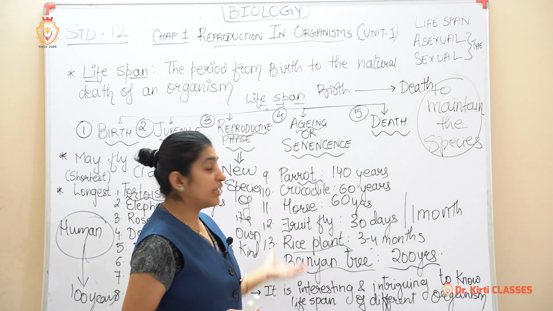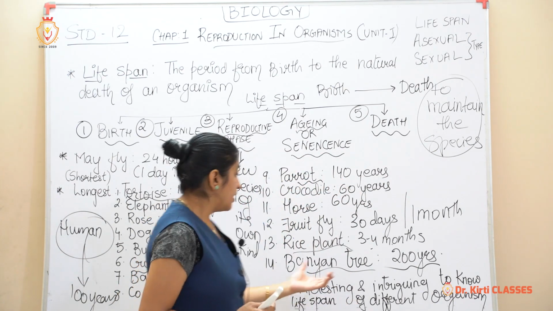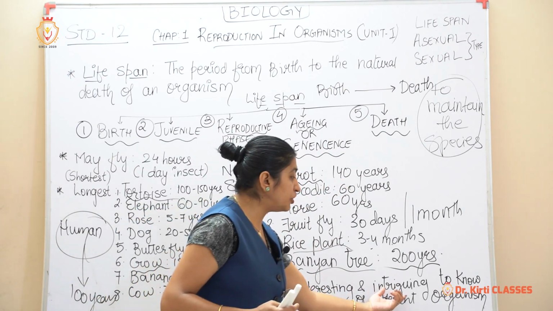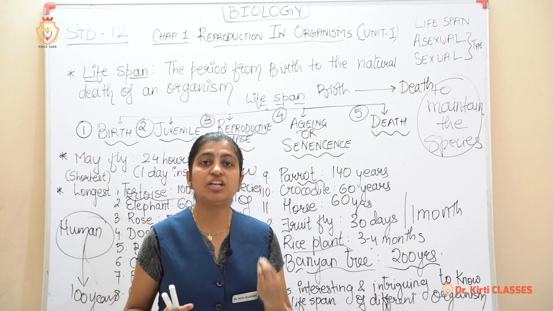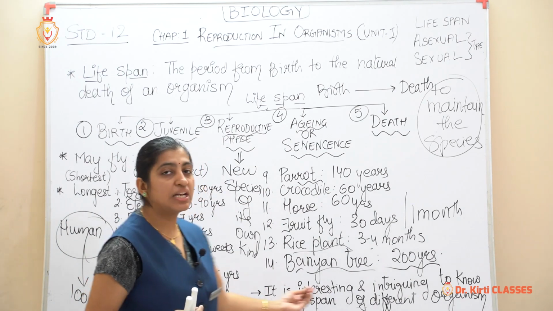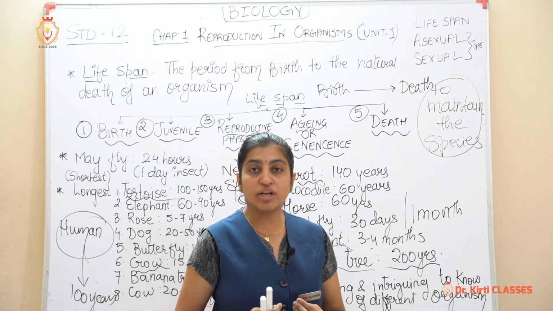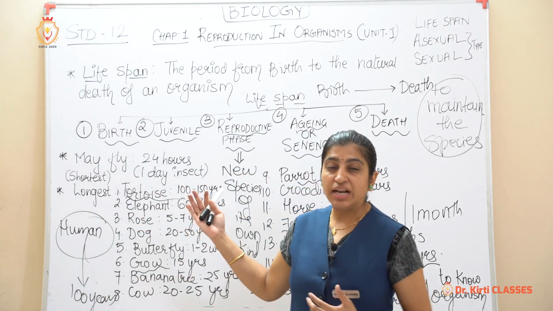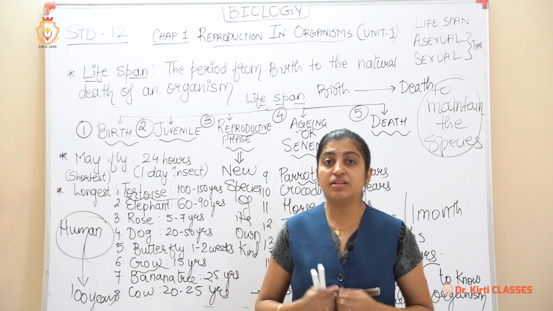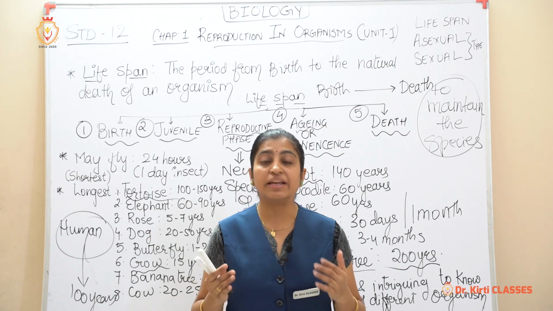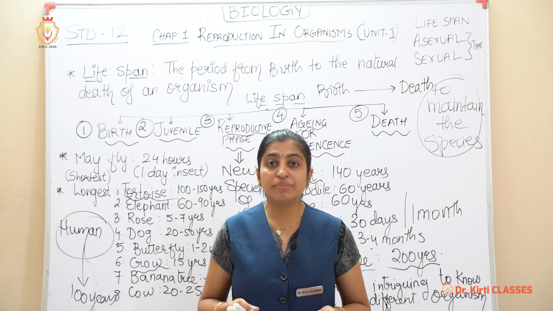It is very interesting, and the word for it is intriguing. That means you should have a curiosity to know about the different lifespans of the different organisms which surround us. Why is it so? Because life is not immortal.